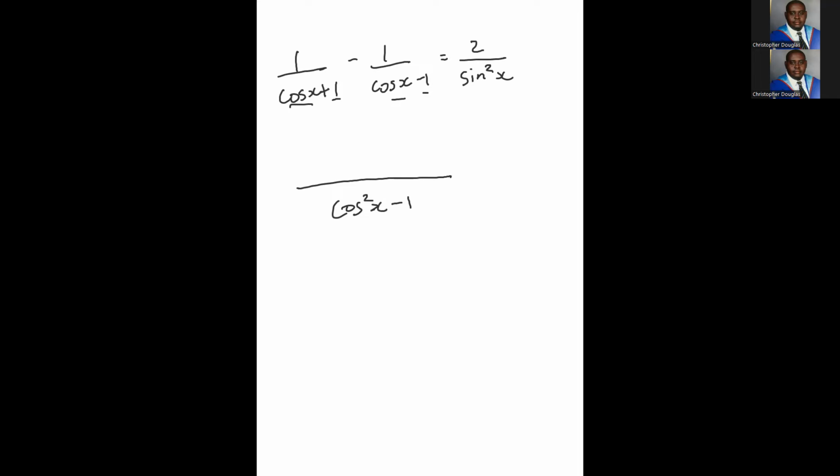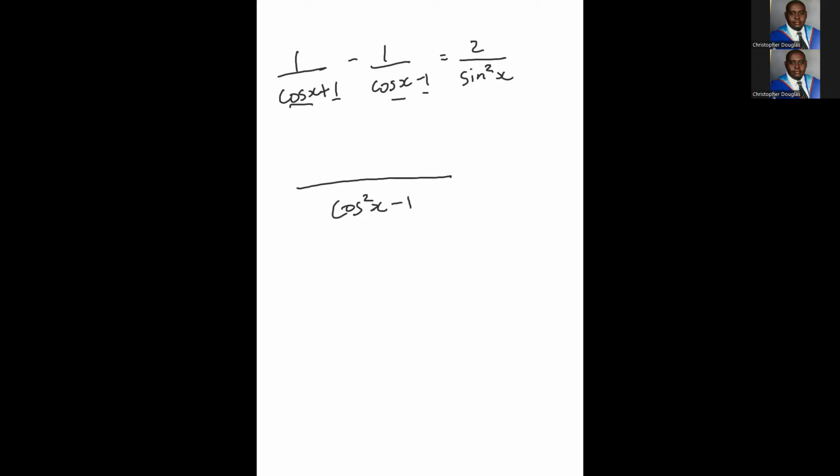Now I know that if I divide one of the denominators into the LCM, I'm going to get the other denominator. So if I divide cos x plus 1 into cos squared x minus 1, I'm going to get the other denominator, cos x minus 1.